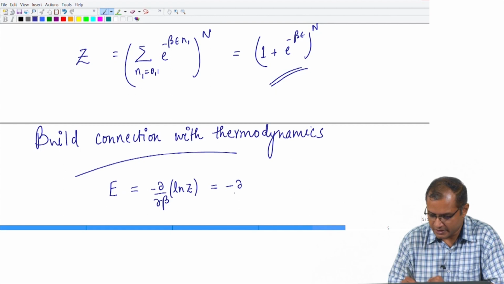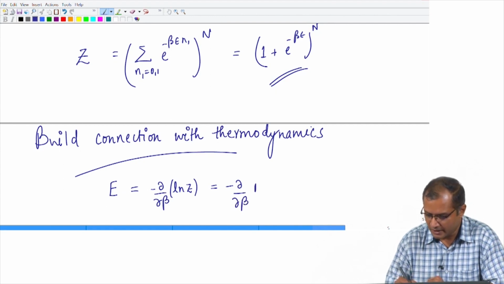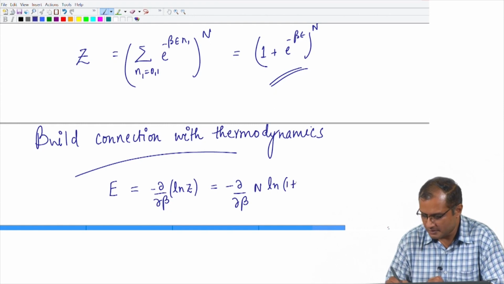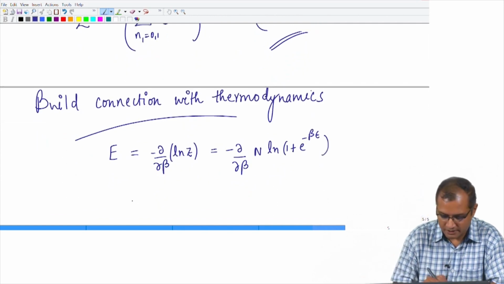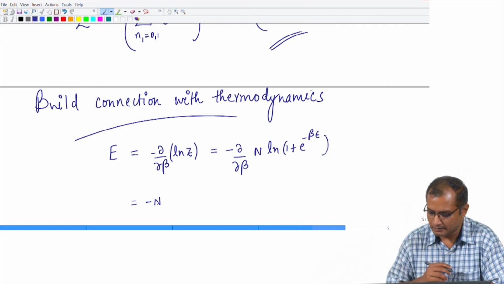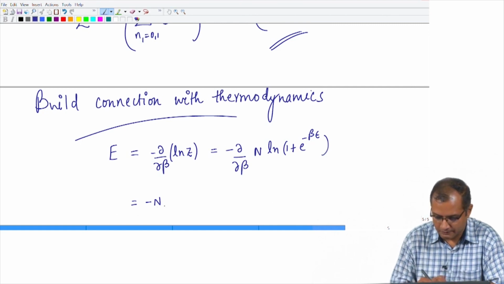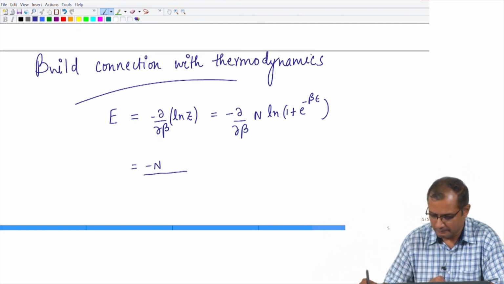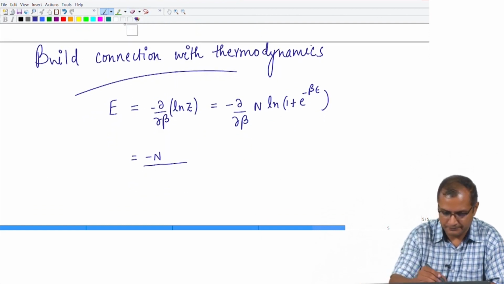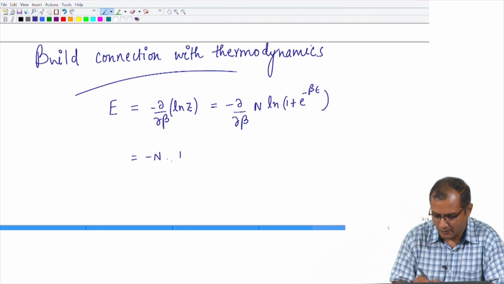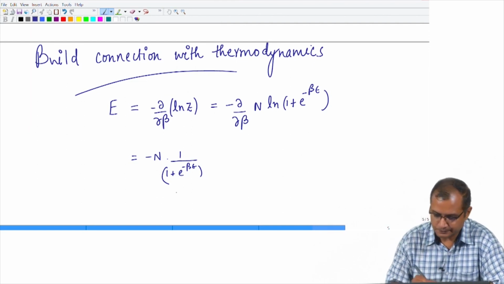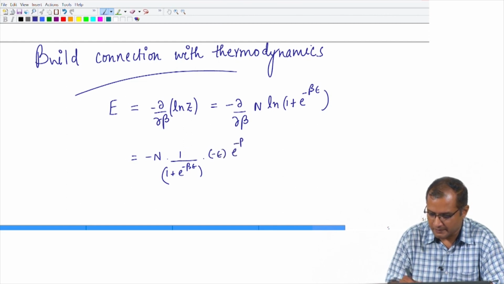So, ln z is nothing but n ln(1 plus e raised to minus beta epsilon), and when you take the derivative what you get is minus n over (1 plus e raised to minus beta epsilon) into minus epsilon into e raised to minus beta epsilon.